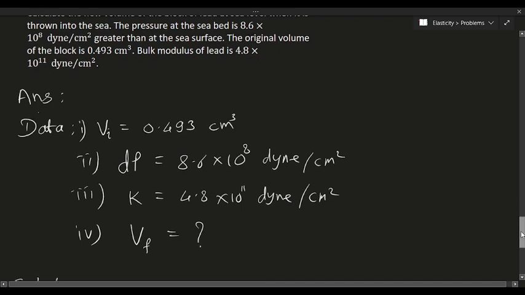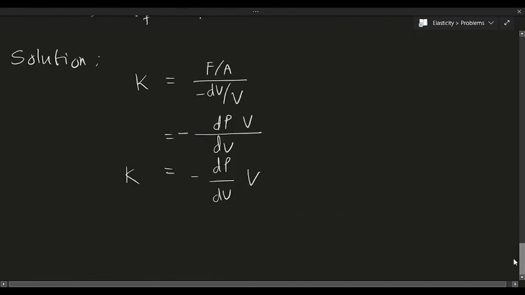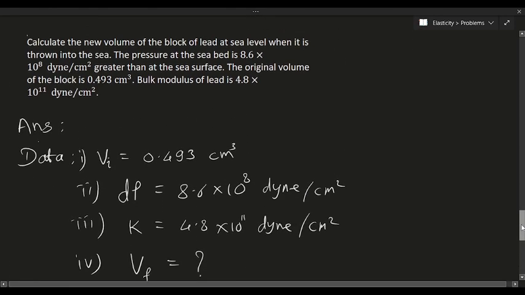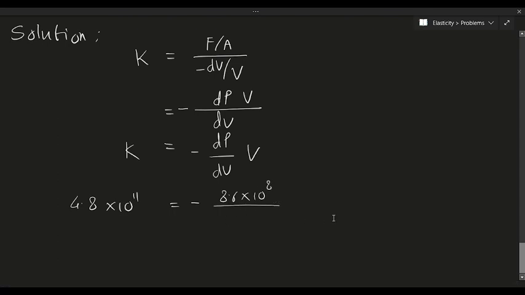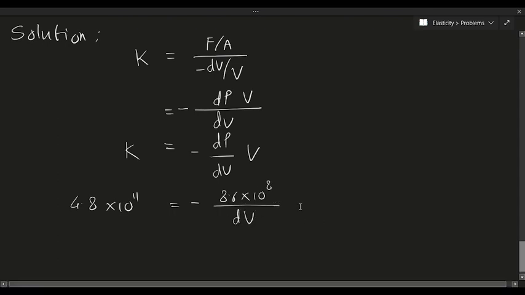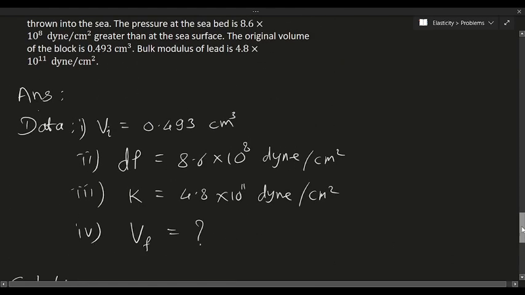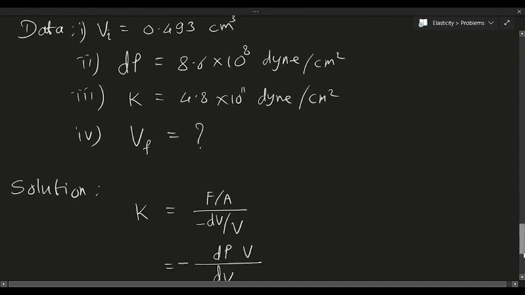Bulk modulus is given to us. It is 4.8 into 10 raised to 11. So we write 4.8 into 10 raised to 11, and the increase in pressure dP is 8.6 into 10 raised to 8. We have to calculate the change in volume, and the original volume is 0.493.